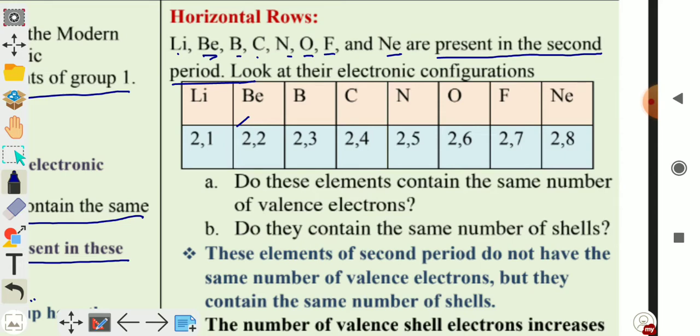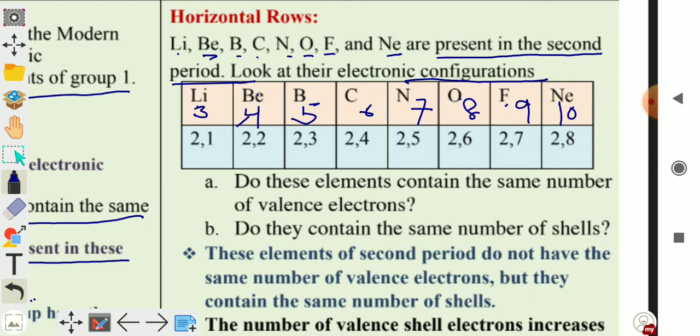Look at the electronic configurations. Lithium atomic number is 3, beryllium atomic number is 4, boron atomic number is 5, atomic number of carbon is 6, nitrogen atomic number 7, oxygen atomic number 8, fluorine atomic number is 9, while neon atomic number is 10.